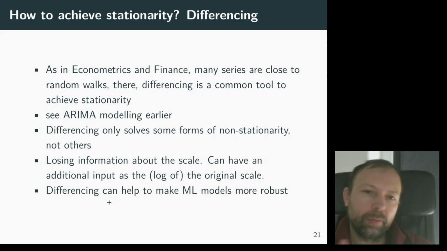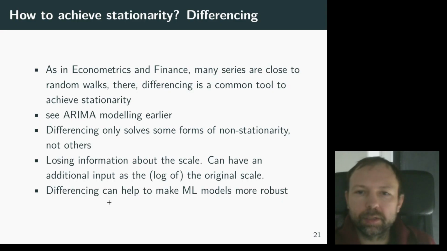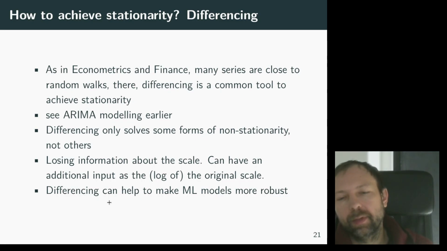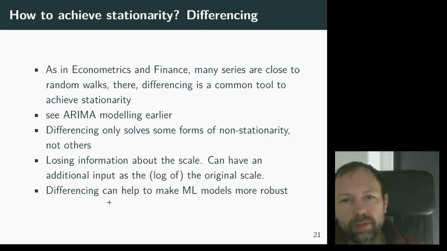But I really want to caution here, because differencing only solves some forms of non-stationarity and not others. And importantly, you lose information about the scale. You can bring that information back in later. What some people do is they have an additional input to the machine learning model, like an additional feature, which is something like the log of the original scale.